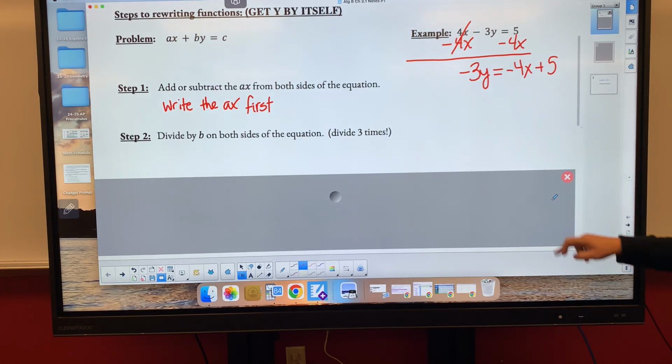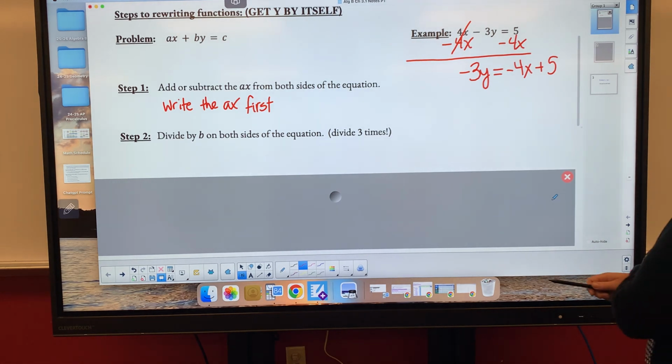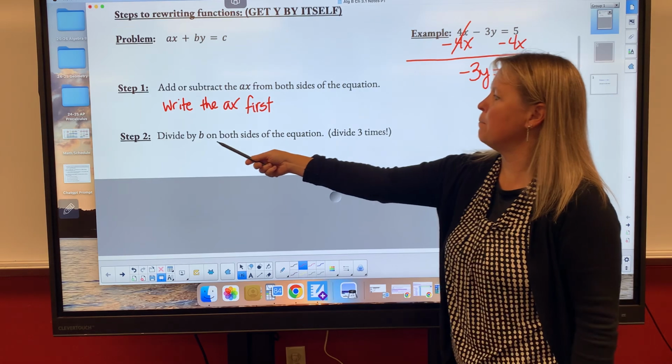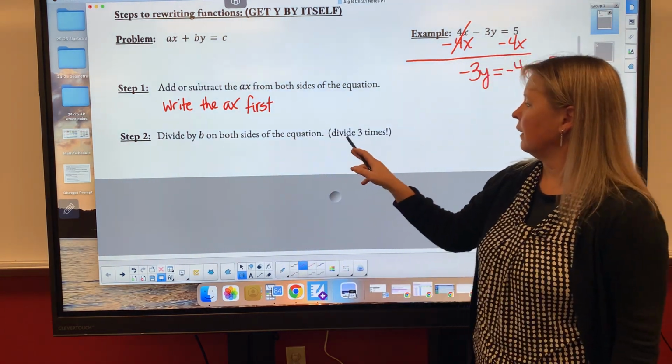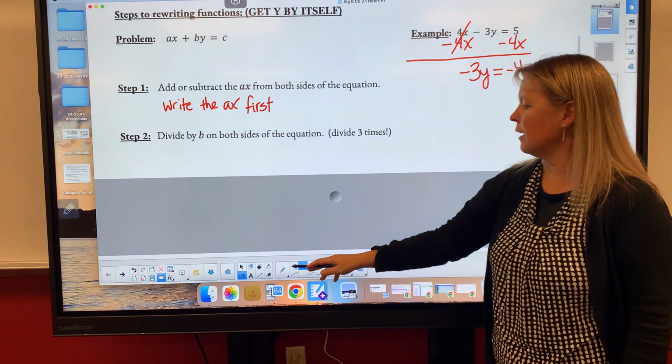Step number 2, read through that. And as you see, it says divide by b on both sides of the equation. B is the number in front of the y, and it says divide 3 times.